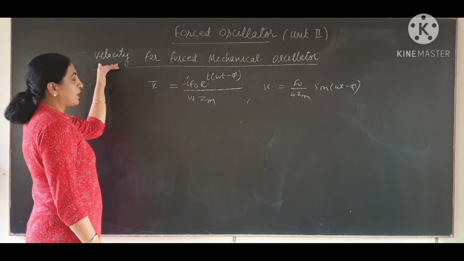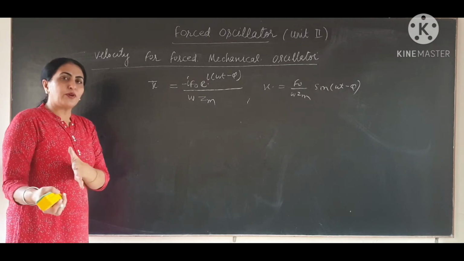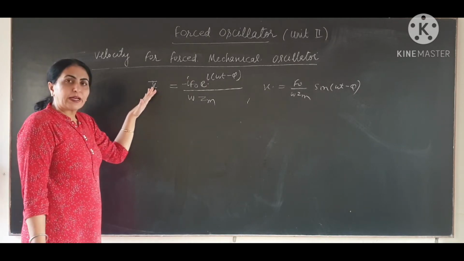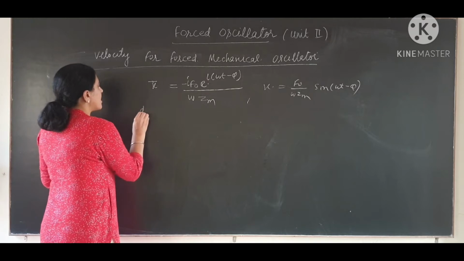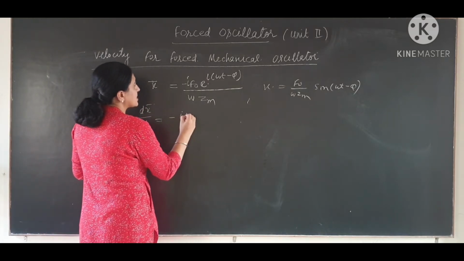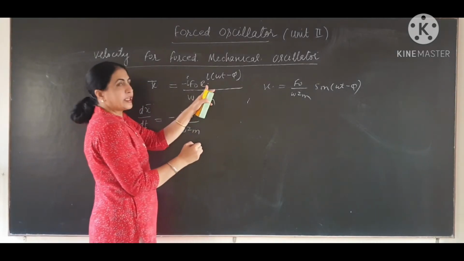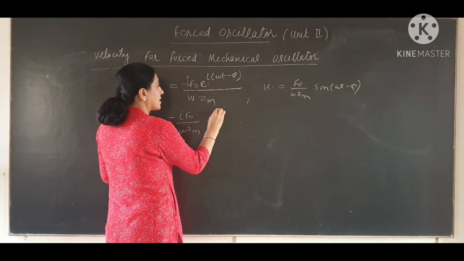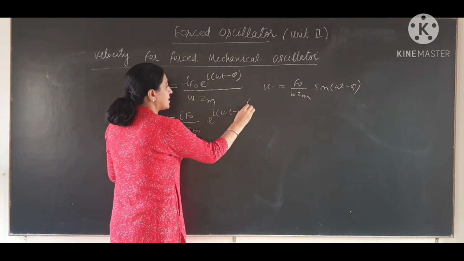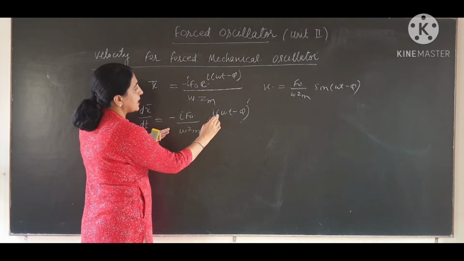Now we want velocity. To find velocity, what to do? Differentiate this with respect to t. What do you get? −i F0 / (ω Zm). The derivative of e raised to a power is e raised to the same power, and what is multiplied is the constant term.